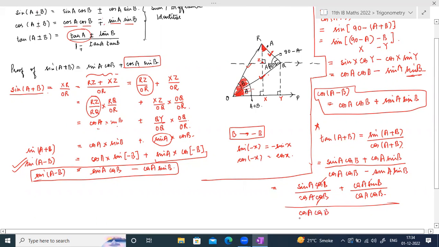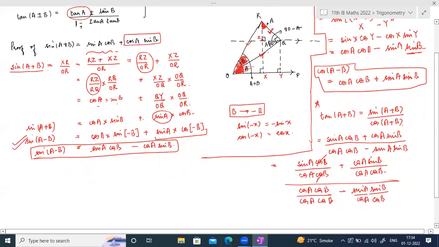Cos A cos B upon cos A cos B minus sin A sin B upon cos A cos B. Now if we simplify this, we get 1 in the denominator, 1 minus tan A tan B, and the numerator tan A plus tan B, because here everything gets cancelled.